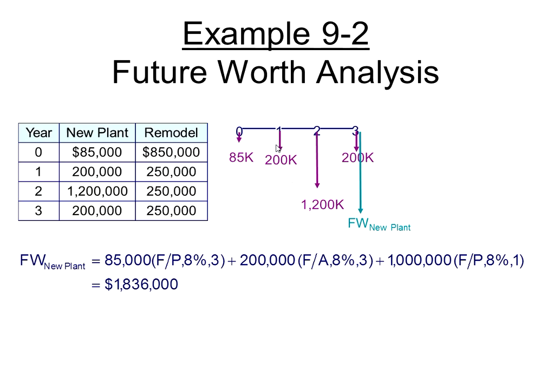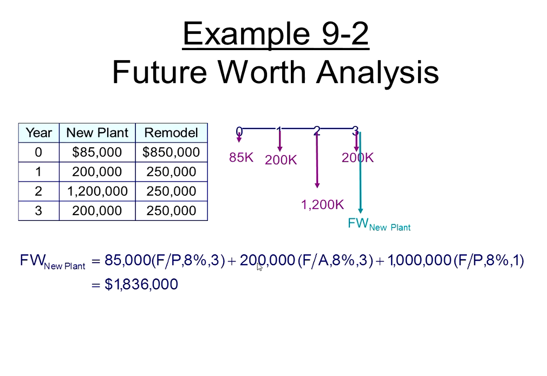Or we can look at all these 3 pieces of 200K together and look at them as a uniform series. And so here in this solution we look at them as a uniform series. So we have this uniform series of 200,000 in years 1, 2, and 3. And then in year 2 there's an additional million on top of it, so that's a million here.